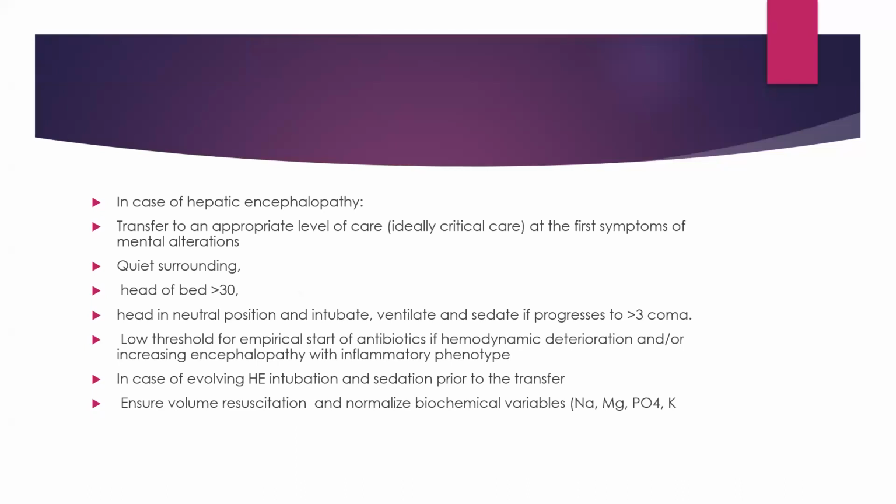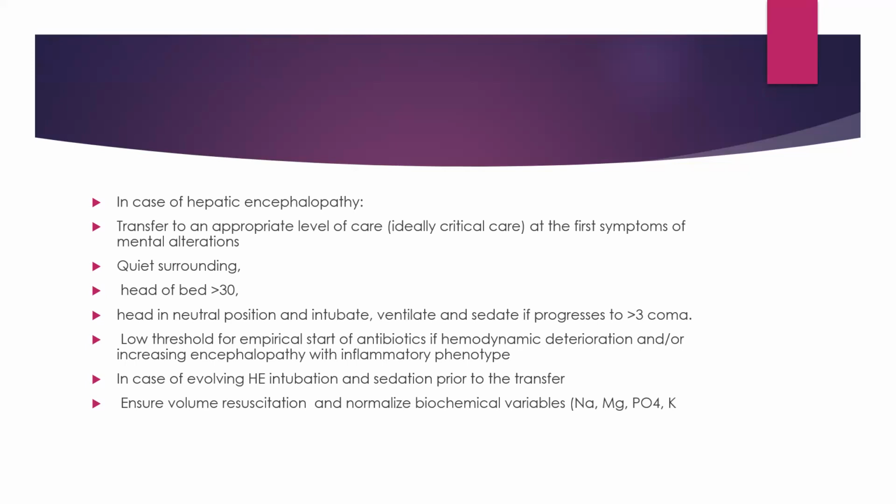Now, if the patient has hepatic encephalopathy, then we should transfer this patient to the appropriate level of care at first symptom of mental alteration. Surrounding should be quiet. Head of the bed should be elevated. The head is in neutral position. Intubate if hepatic encephalopathy is progressing to more than grade 3.